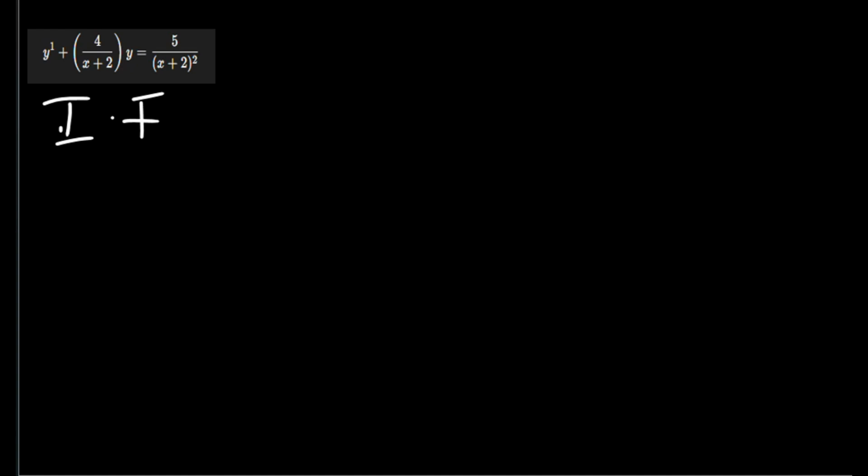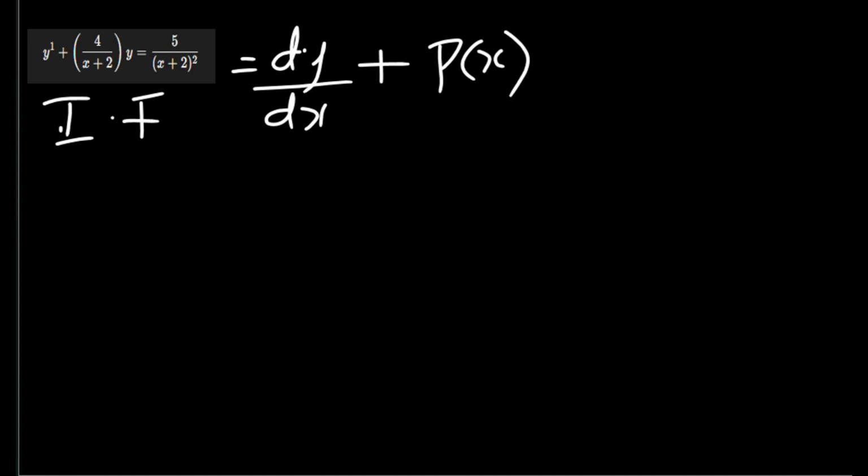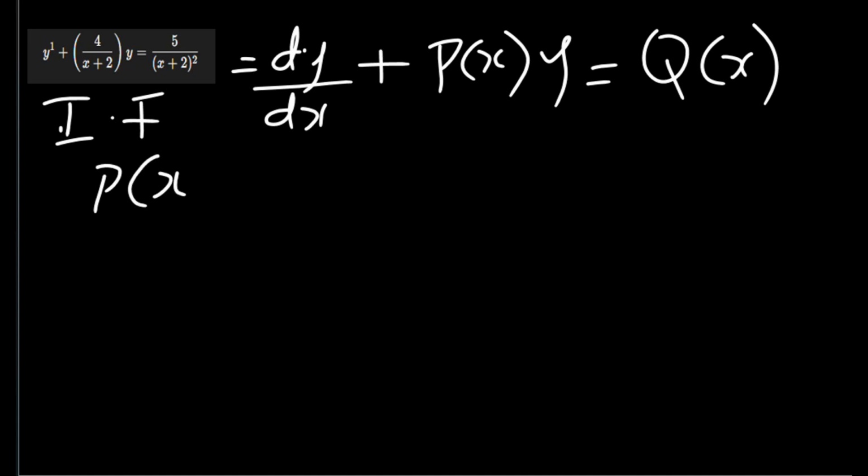We have y prime, which is the same as dy dx, plus p of x times y is equal to q of x.